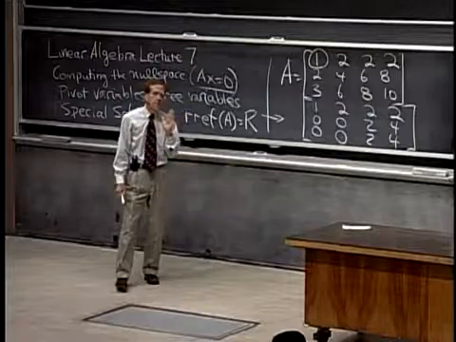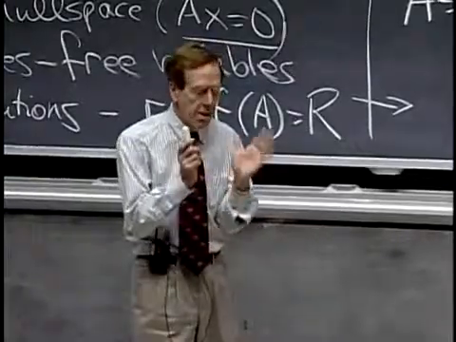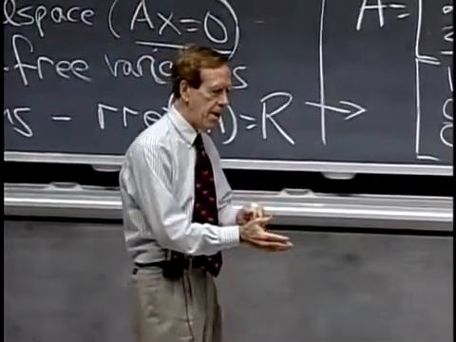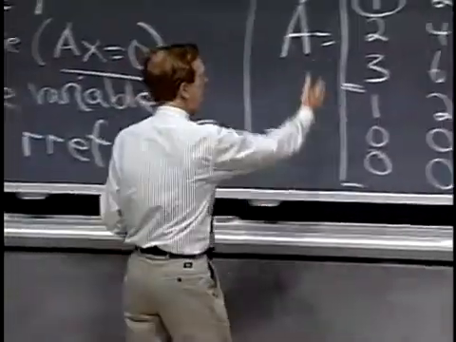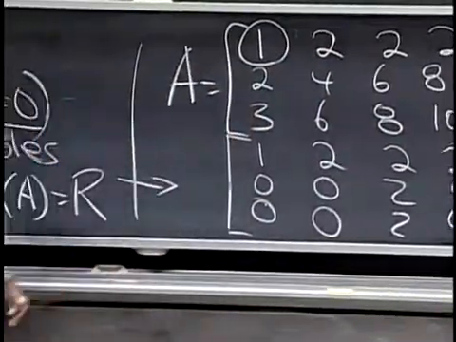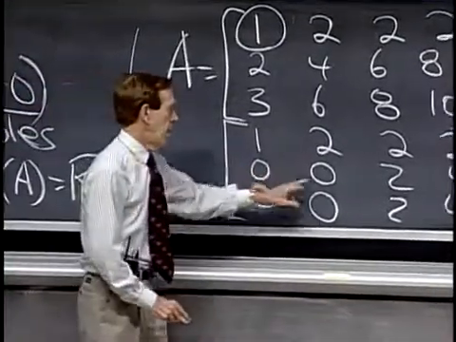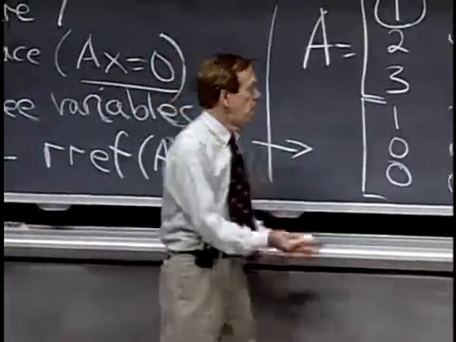So that's telling me that that column is a combination of the earlier columns. That second column is dependent on the earlier column. But I don't stop to think here. That column, there's nothing to do. I go on to the next.